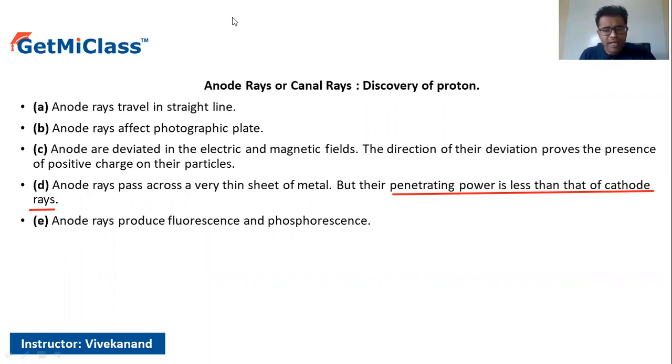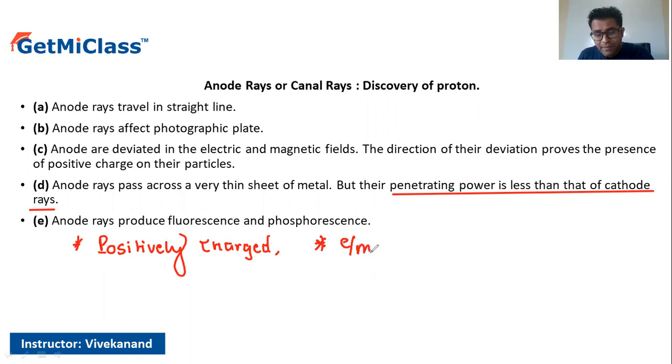There are a few more points which I would like to include now. As we already know, these anode rays are positively charged. Here the important fact is that e/m is again the specific charge of the anode rays.